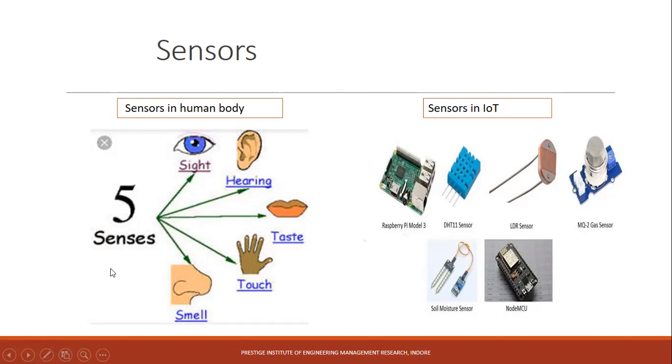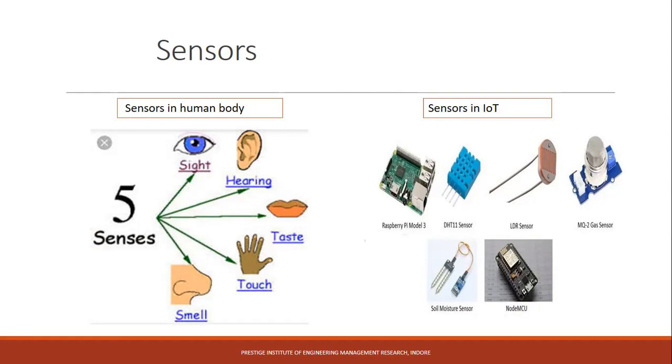So what is the function of all these sense organs? These sense organs sense the physical quantity or outside environment and collect data from there, send that data to the brain, and the brain processes that data.